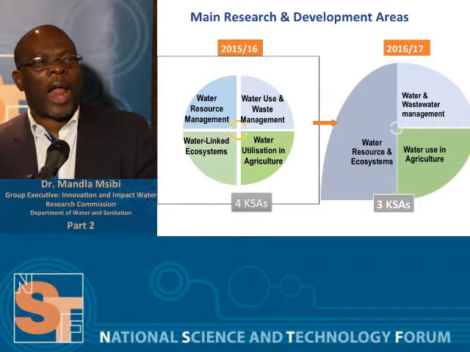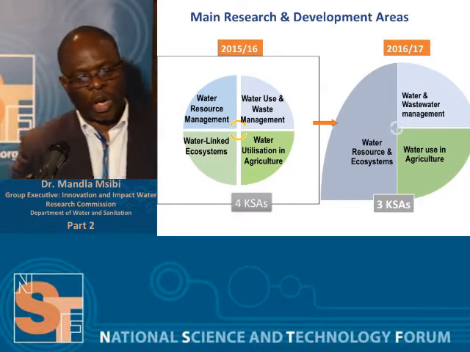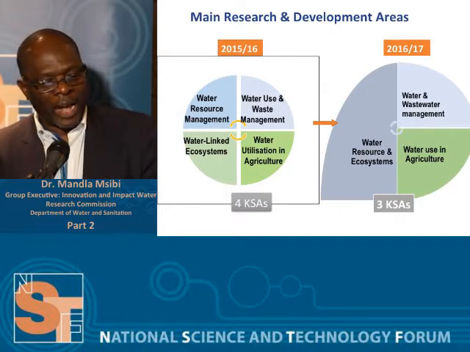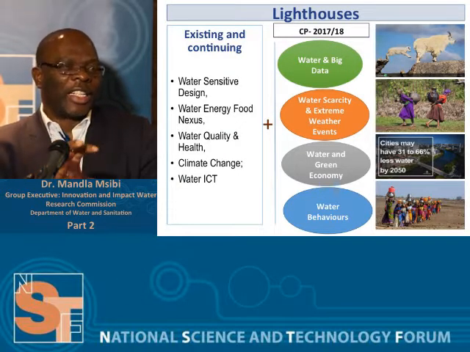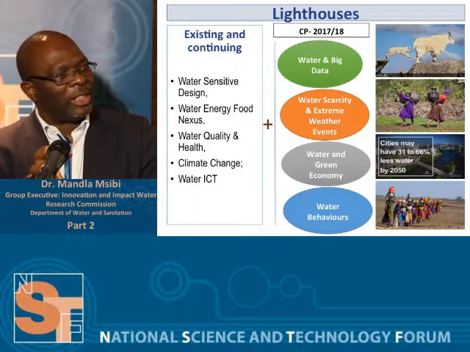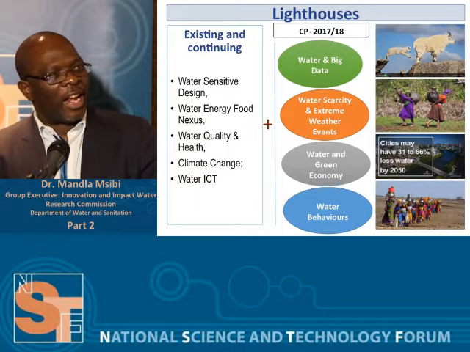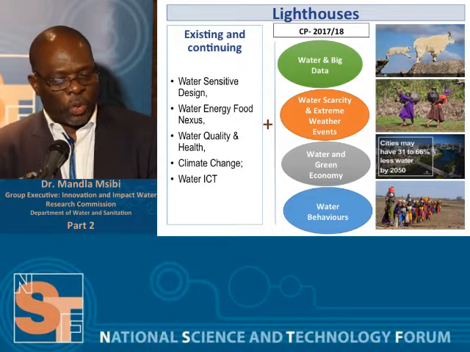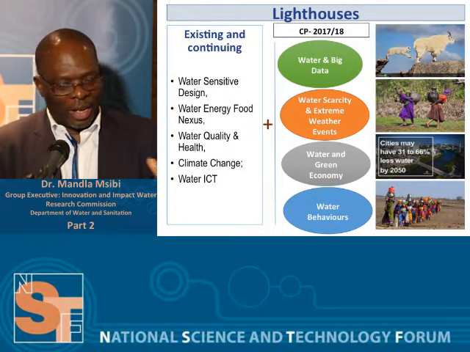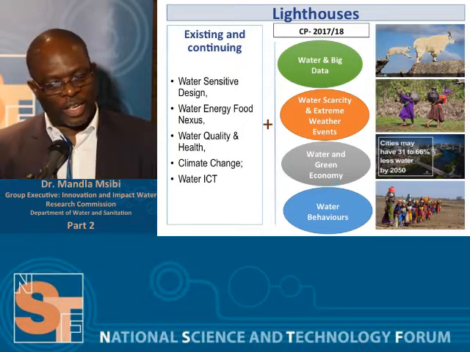There is also another interesting program within the WRC. I will use the word program. We call it Lighthouses, where we identify new emerging areas that we need to build research and development capacity in, and once there are sufficient people working in the area, it will move into the different KSAs.